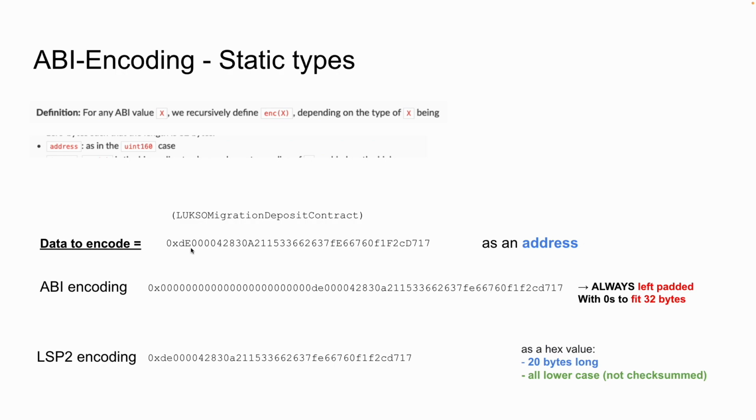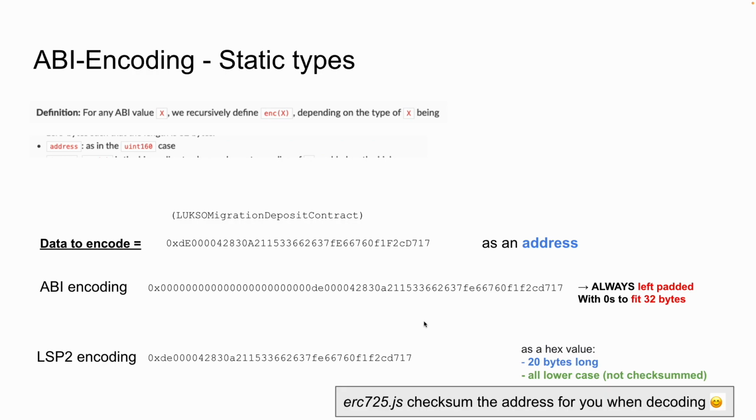Everything is hexadecimal, everything is lowercase. But if you use tools like ERC725JS, when you are retrieving the data from the storage and you decode it as a type address, it's going to checksum the address for you to make it easier and more convenient.